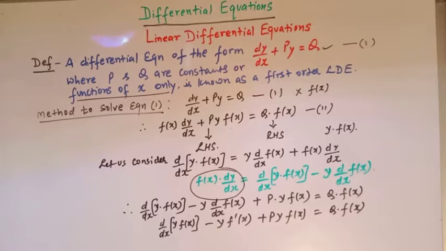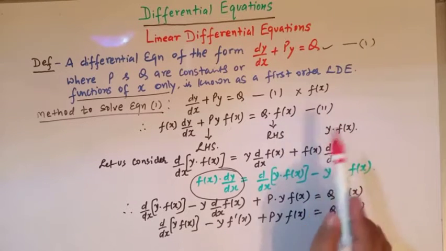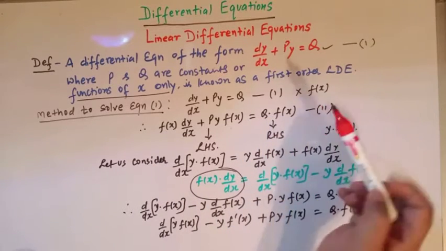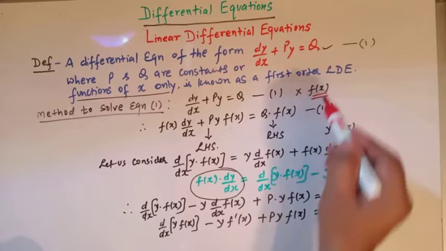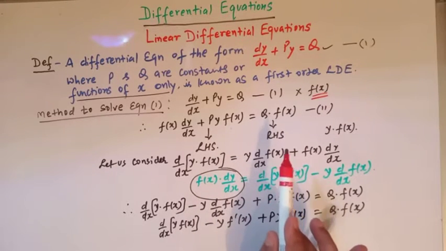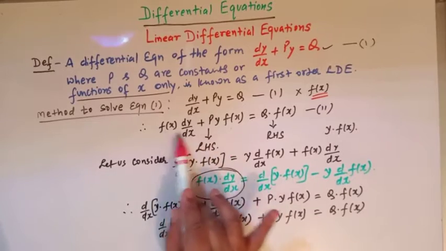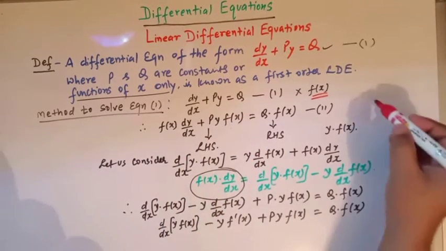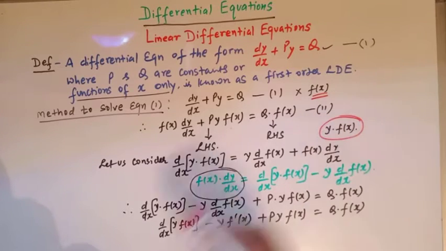Clear? Now viewers, here in equation 2 we have said that we are choosing this function fx in such a manner that this left hand side becomes the derivative of y times of fx. Clear?